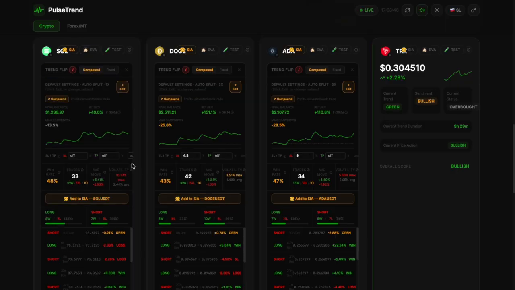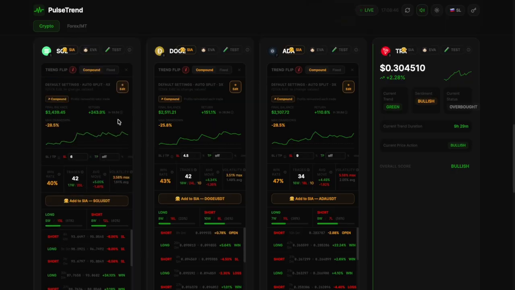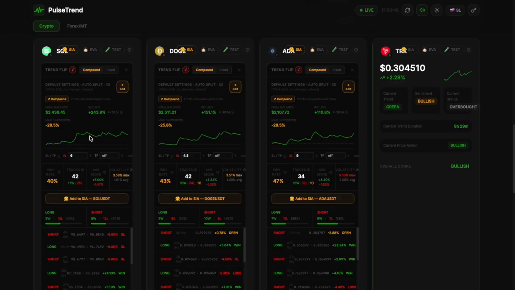And SIA has been killing it. 4x, 28% drawdown, a 250 return, 150, 110. But those win rates are a lot smaller. But it always knows when to close, because we know in the crypto market it's about keeping your losses small and making your winners big.